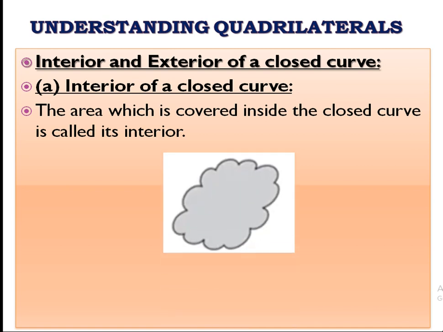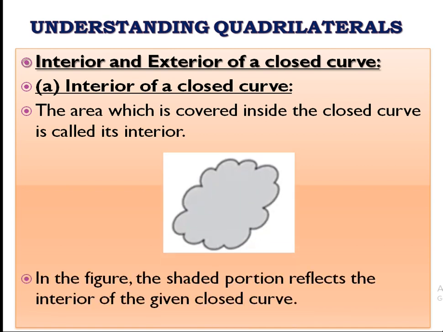Here see the figure. In the figure, the shaded portion reflects the interior of the given closed curve. Here you see one shaded portion. That shaded portion indicates the interior of the closed curve. Okay students, right?